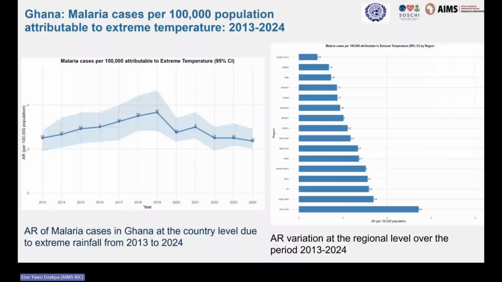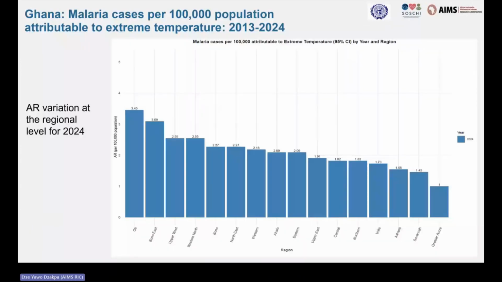So here, using the incidence, we identify also over the period that we are considering, 2013 to 2024, that Borno State, Upper West, and Oti come out as the areas with the higher risk when we are considering the incidence, the attributable rates. So all those elements indicate clearly that extreme temperature is affecting malaria cases, and those areas identified should be the targeted areas for policy intervention.